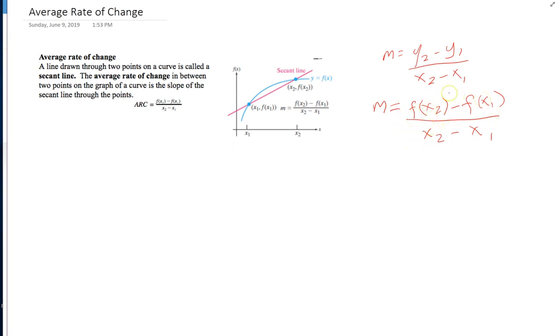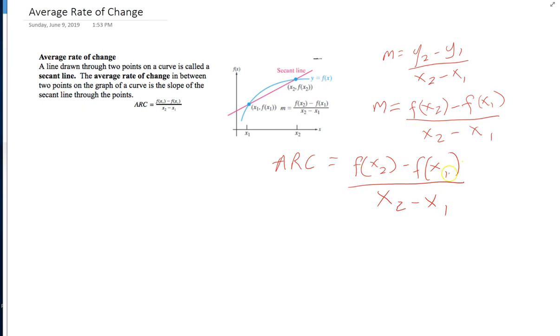We're thinking about the rate of change on the curve, and notice if we move the points, it really doesn't matter how you move the points. What the secant line gives is the average rate of change between 2 points. So the average rate of change, or ARC, is just the slope of the secant line, which is f of x sub 2 minus f of x sub 1 over x sub 2 minus x sub 1, right?